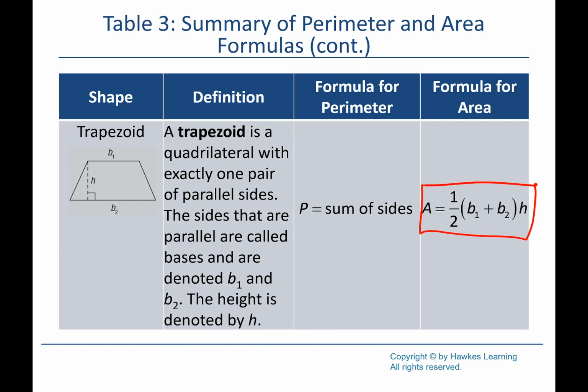On this picture, top and bottom are parallel, and the right and left are not parallel; they would intersect. You can think about a trapezoid as the shape we get when we take a triangle and cut one of the points off. If we cut this piece off, we get a trapezoid.